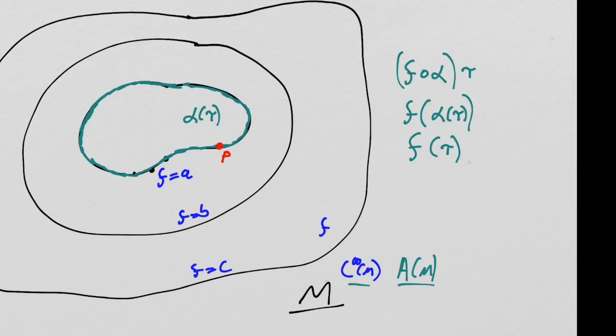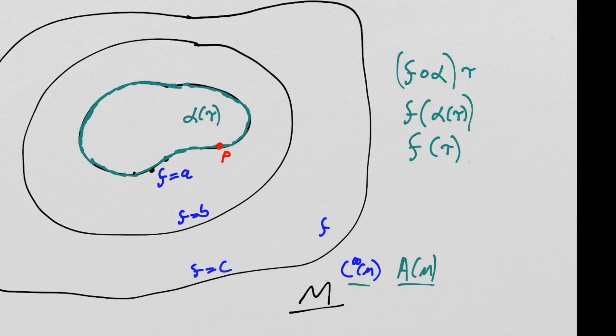But what does make sense is f of alpha of tau, because alpha is a function from the real line to the manifold, and f is a function from the manifold back to the real line. So you should be able to think of f now as a function of tau in this notation, but without that alpha, it doesn't make sense.